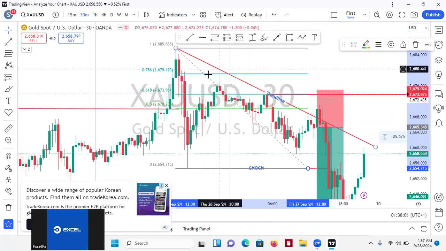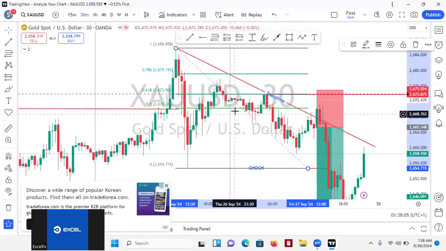So when it came down to this point, it started buying off to our Fibonacci level. Right here, price retraced up to this place, it came to the 50%. 50% was not able to hold it so strong, and then it came to the 61.8%, and then there was a reaction and the market started selling down. So the Fibonacci retracement tells you when a retracement is about to end.